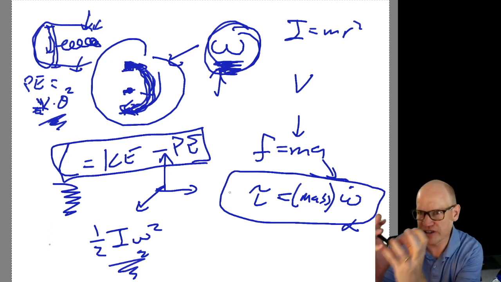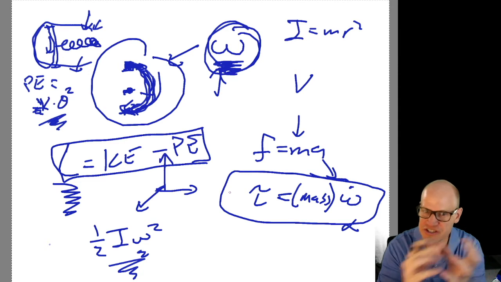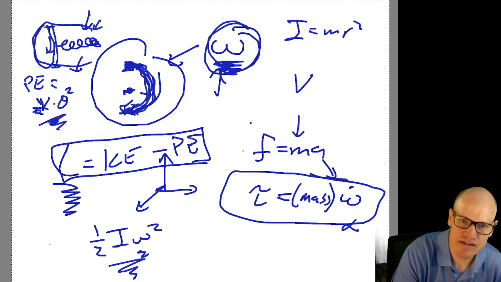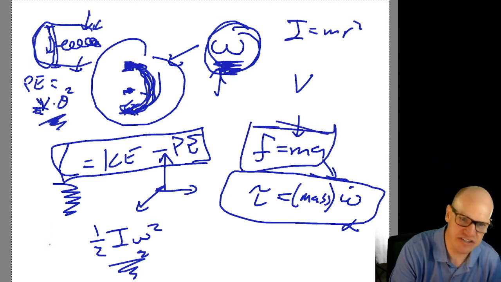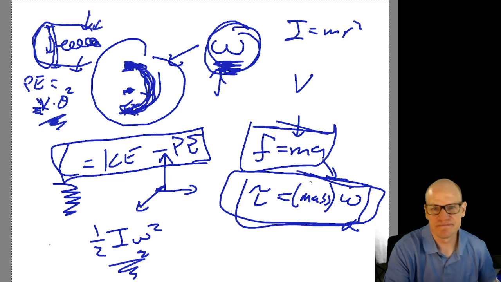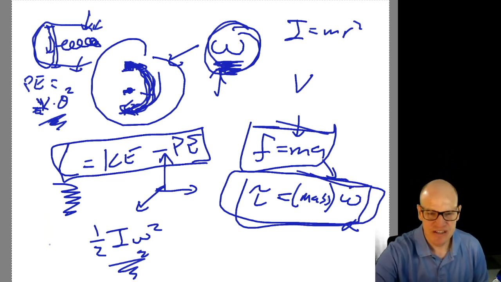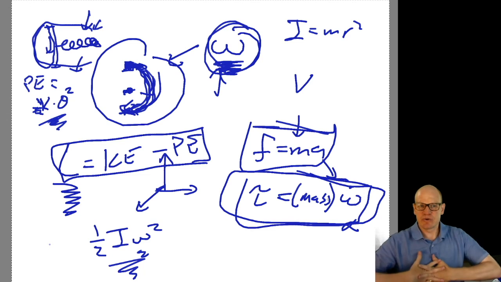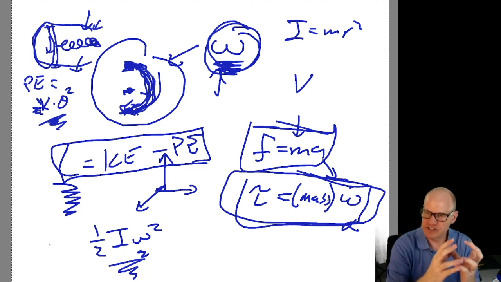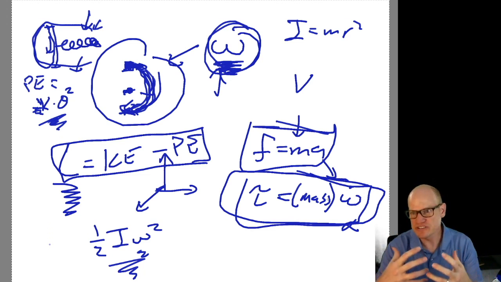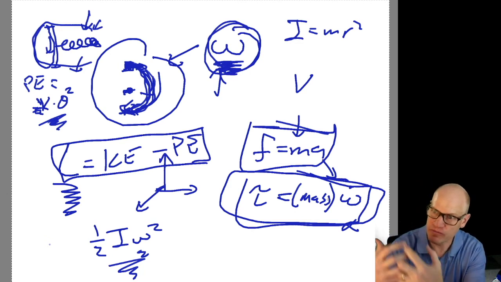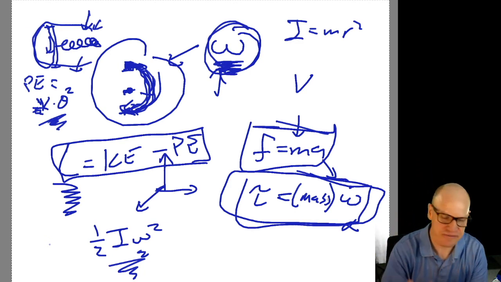How do you transform kinetic energy into potential energy and vice versa? And that is given by F equals ma, or in the case of rotation, torque equals the moment of inertia times the angular acceleration. So Newton's second law is a way of translating from one type of energy to another. What that tells you is that forces cause energy to transform from potential energy into kinetic energy.